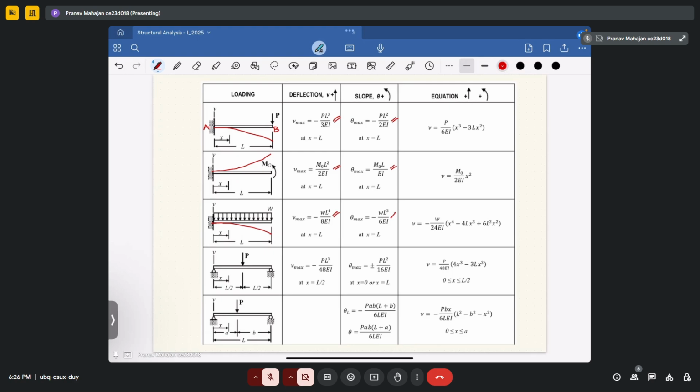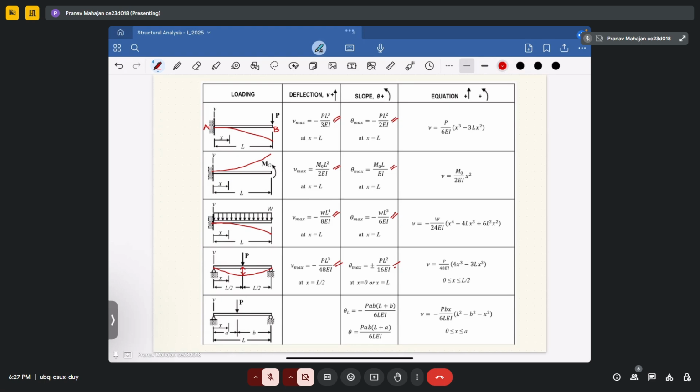One more case is a simply supported beam subjected to a concentrated load at the middle of the beam. This is how the deflection of the beam will look. In this case, the maximum deflection comes at the center and is equal to minus PL cube upon 48EI, and theta maximum will be PL square upon 16EI.